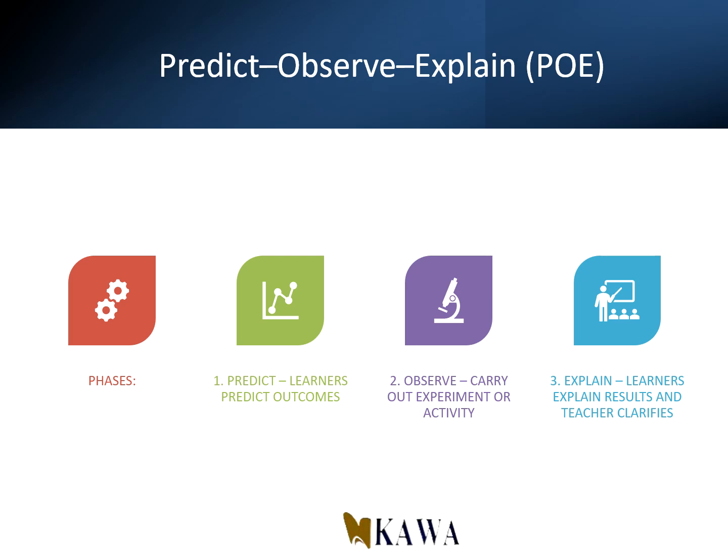In mathematics, they can predict patterns in number sequences, test them, and then explain the rule behind the pattern. So the predict, observe, explain method is very simple but very effective for the competence-based curriculum, because it encourages learners to think critically, ask why and what if, and refine their understanding through evidence.